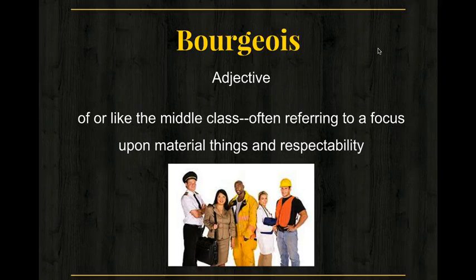I feel like I'm a part of the middle class. A lot of people that I know are part of the middle class. You're not rich, you're not poor, you're just right in the middle. This picture shows an array of different people and different careers. So that's the middle class, or the bourgeois.